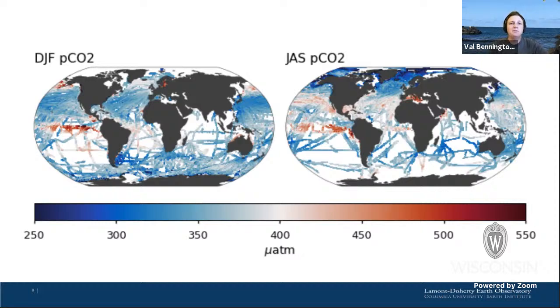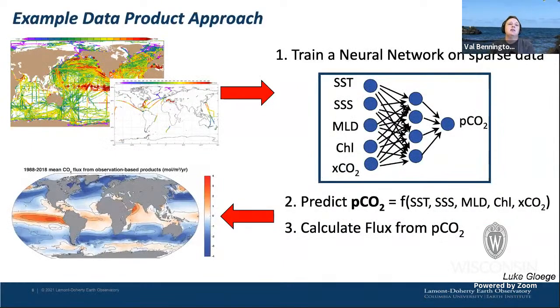Typically, an example data product approach is to use a neural network. The neural network is a machine learning approach that samples the data and then trains on that data. What it's actually trying to do is come up with a nonlinear function that predicts ocean pCO2 based on observations we do have.